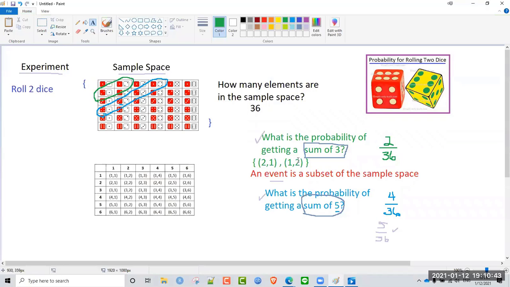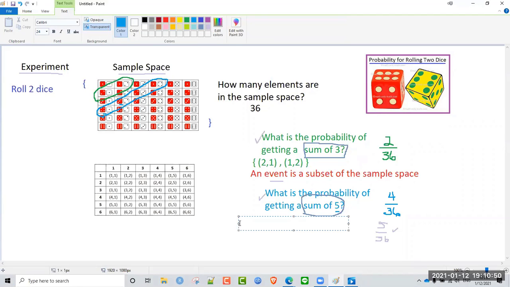Can identify it like that. And we can do the same thing for the blue. Let's identify that as a subset. So I'll use brackets again, and the blue one is what? 4, comma 1, 3, comma 2, 2, comma 3, and lastly 1, comma 4.